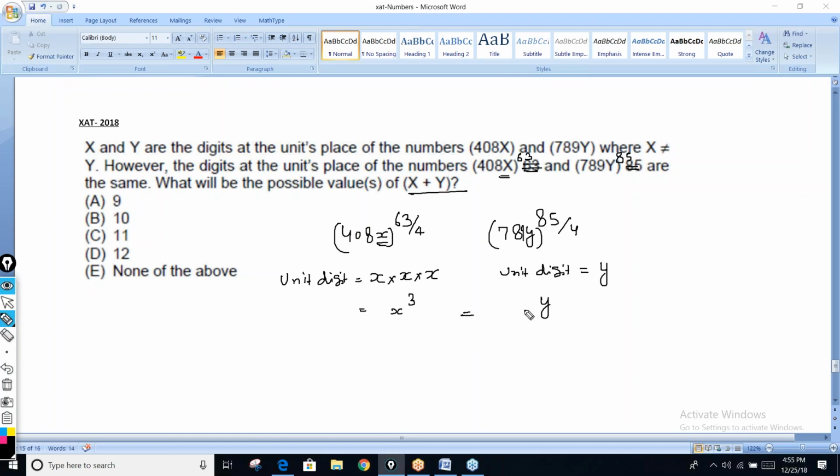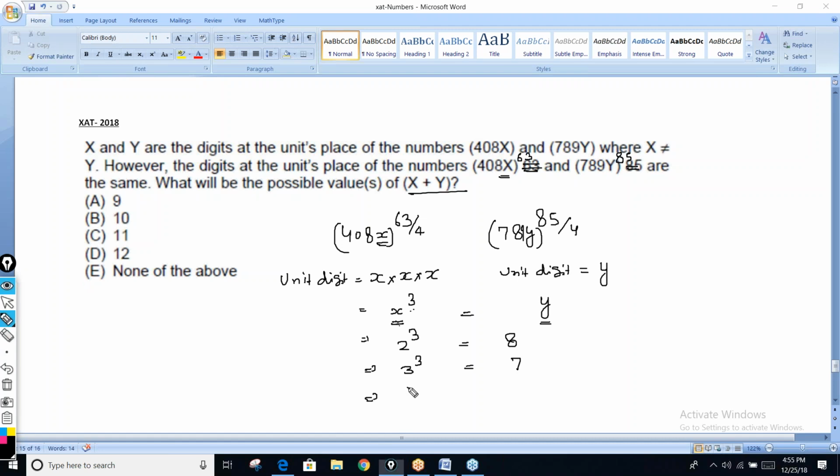If x cube is equal to y and x is not equal to y, I cannot take 1 because 1 cube will be equal to 1. In that case, 1 and 1 will be the same. X should not be equal to y. I cannot take 4 because 4 cube will also end in 4. So what can I take? I can take 2 cube, so this becomes 8. I can take 3 cube, so this becomes 7.